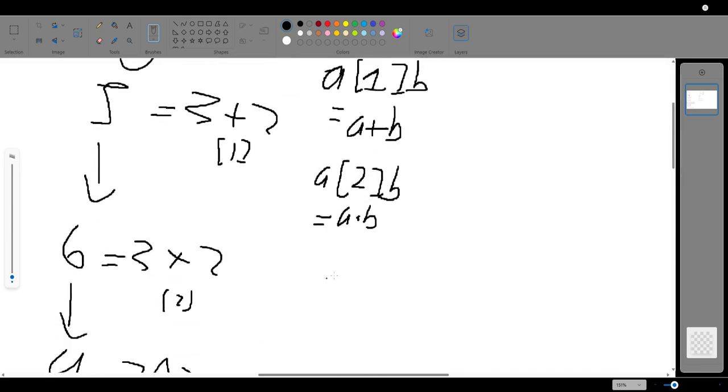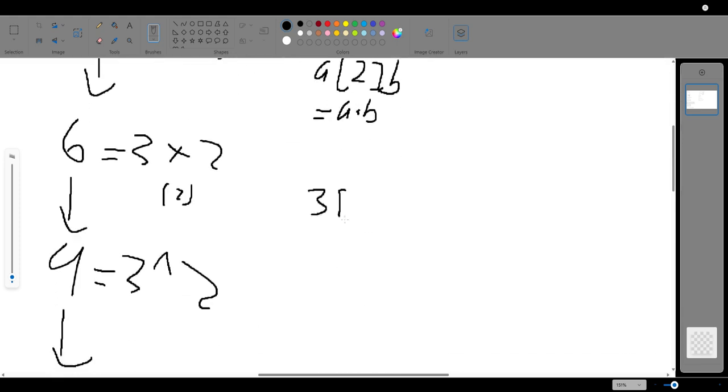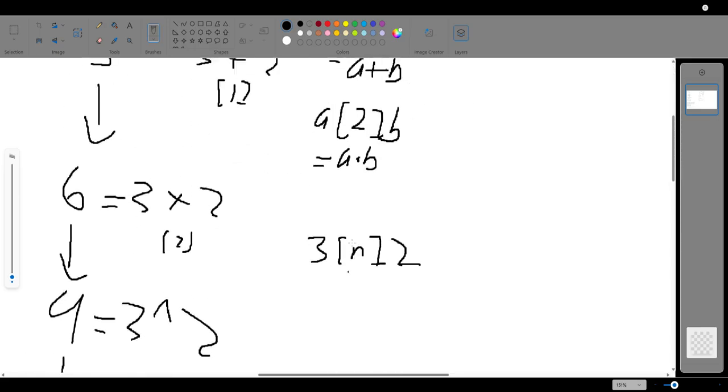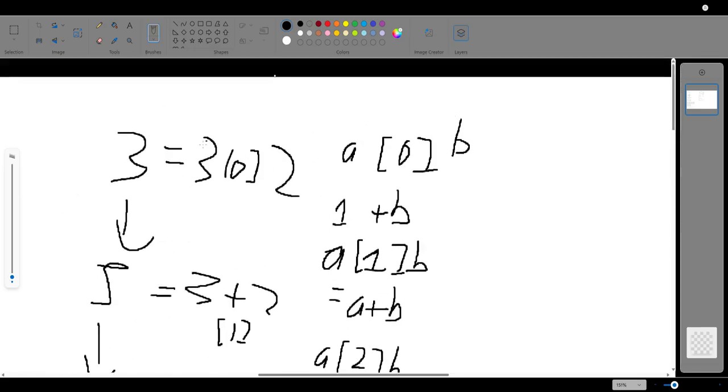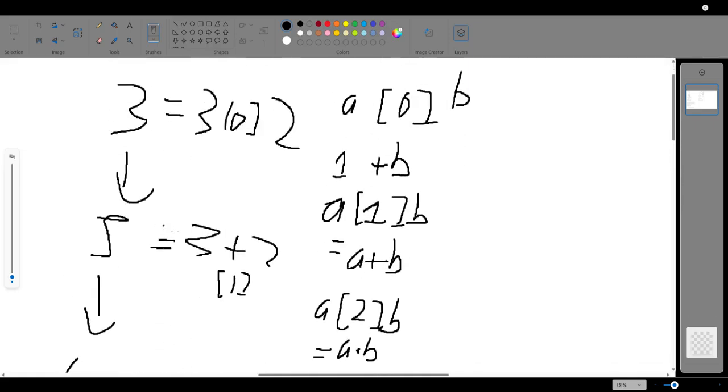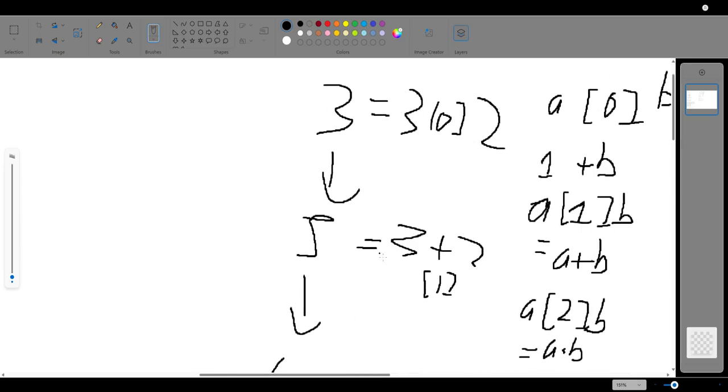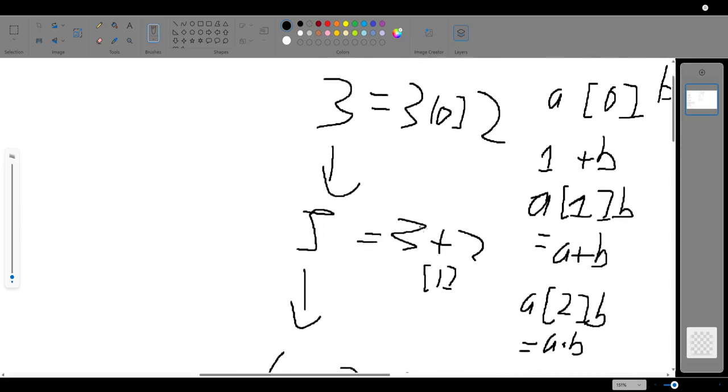So then, what if you have 3 and 2? How could you derive that? So, on the left side we have the numbers. So then let's look at what the gap actually is.